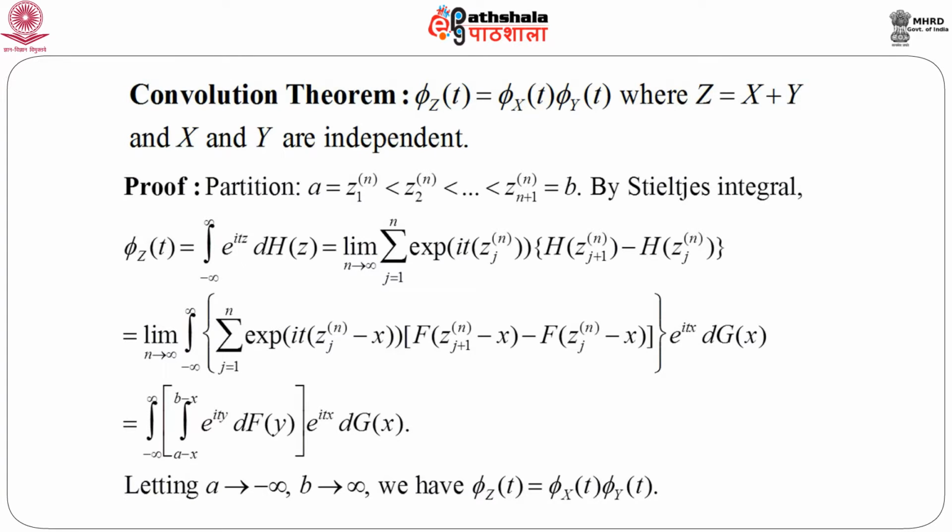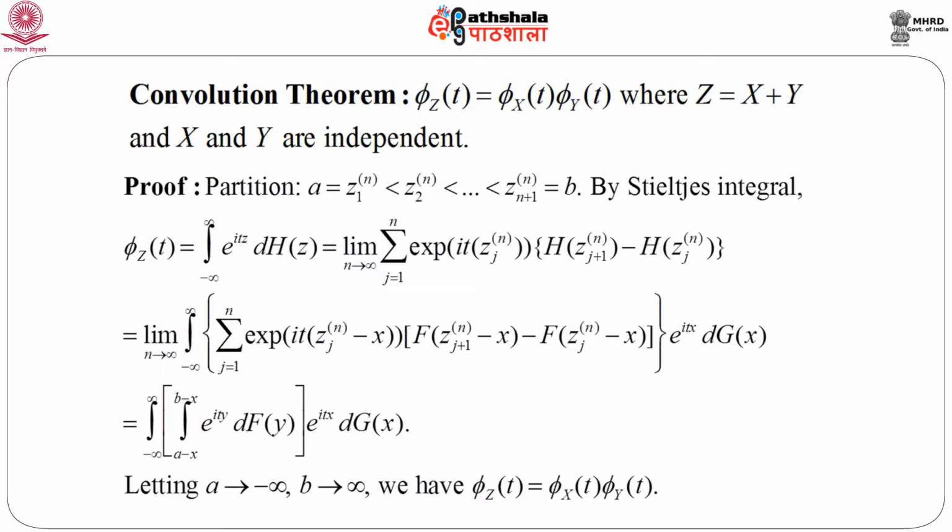So, just consider the partition a equals z_1^(n) less than z_2^(n) and so on, and the last point z_(n+1)^(n) equals b. That means, we introduce n plus 1 points to get the partition, and write the characteristic function of z as a Stieltjes integral.